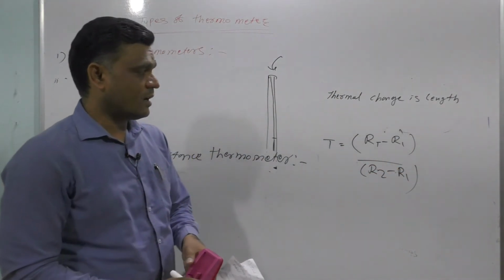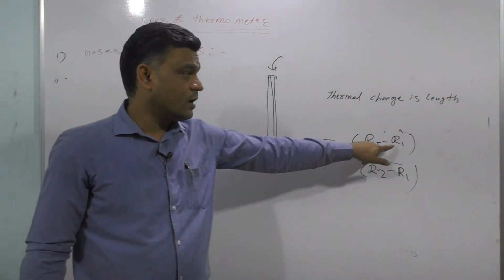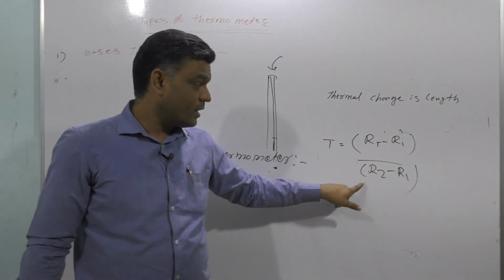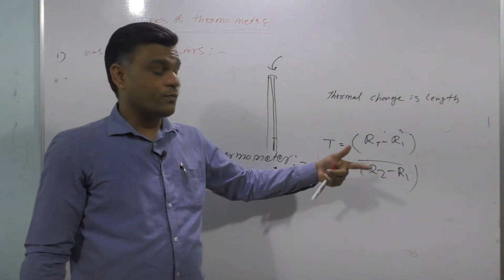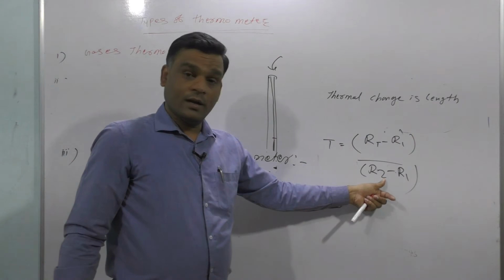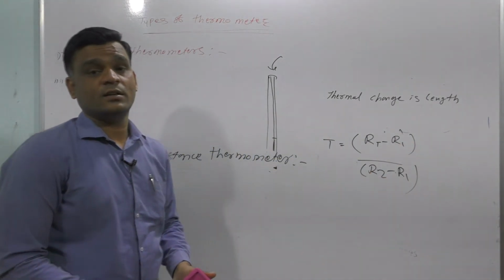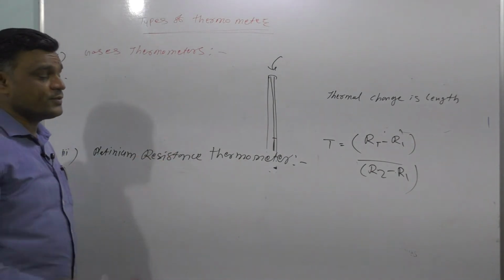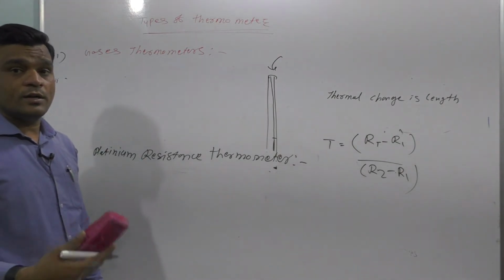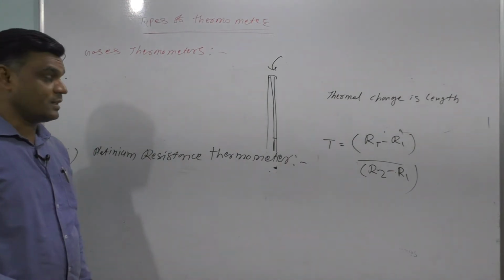The same notations are: RT is the resistance of the material at a given temperature, R1 is the resistance of the material at the freezing point, R2 is the resistance of the material, here particularly the platinum, at a steam point, and R1 is the same again, the resistance at the freezing point. And by using this we can calculate the temperature of a system, and we make some thermometers like this.